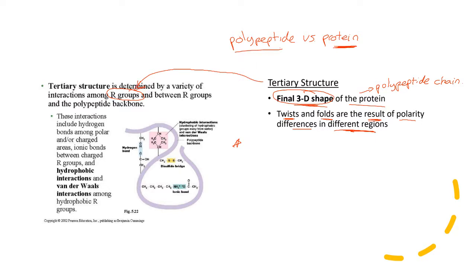Okay, so if you see this small example here, I like it because it's showing you the different types of interactions that the R groups can have. For example, it could form ionic bonds, right? It can do it between amino acids.